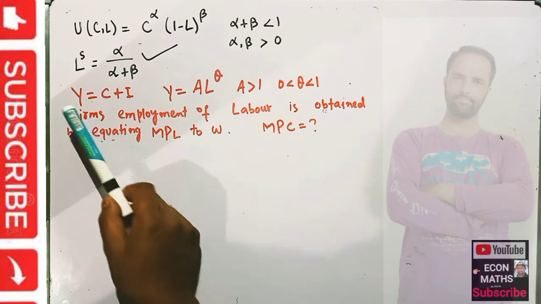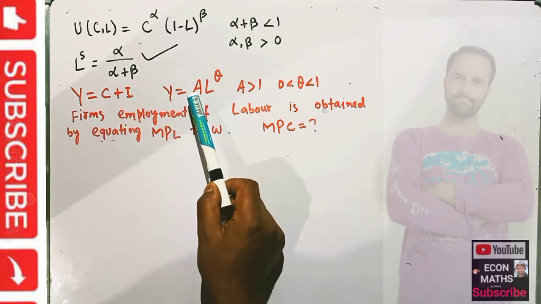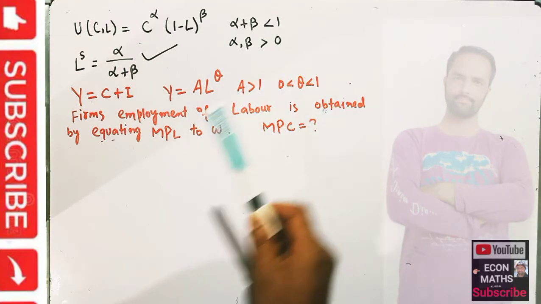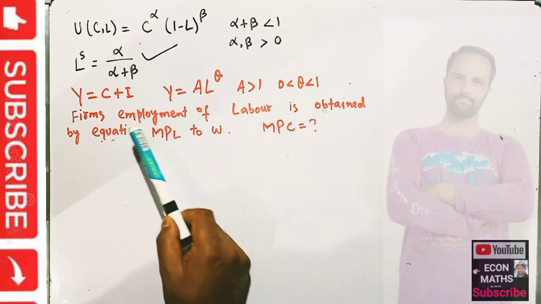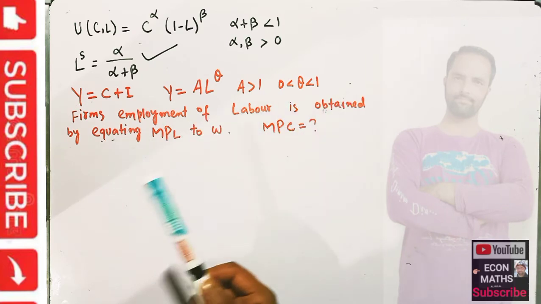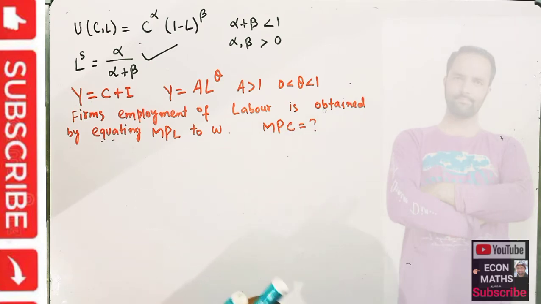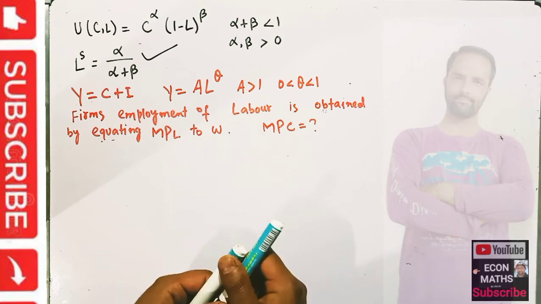Okay, now we are told y is equal to consumption plus investment, and production function is A L to the power theta, A greater than 1 and theta lies between 0 and 1. Firm's employment of labor is obtained by equating MPL to w. That means the demand for labor is found by equating marginal product of labor with wage rate.